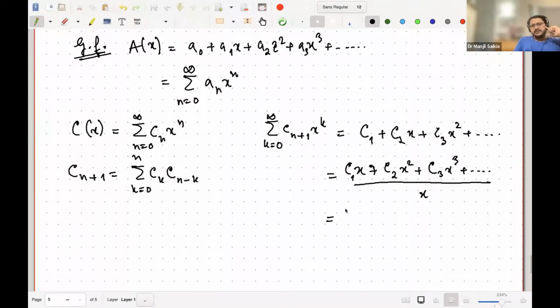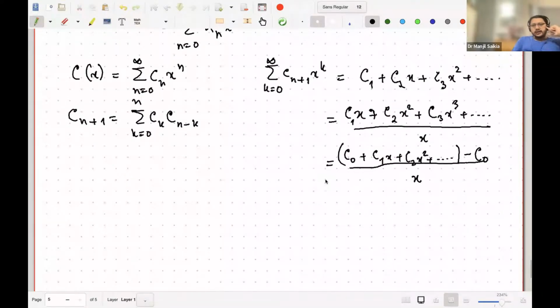And this is the same thing as C0 plus C1 x plus C2 x squared, and so on. Now, since I have added C0, I also need to subtract C0. And what is this? This was nothing but C(x). And C0 was taken to be 1. So basically, this thing that we had written earlier is nothing but (C(x) minus 1) over x.